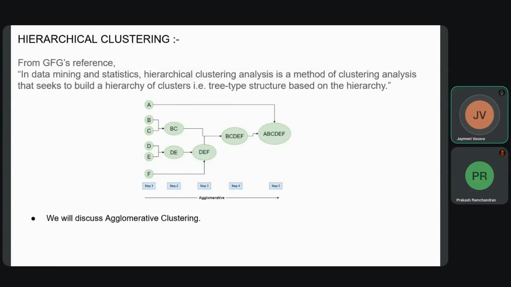This type of clustering is called agglomerative clustering. So you can see that all of the alphabets are grouped together at the end, while each of them was its own cluster at the beginning.